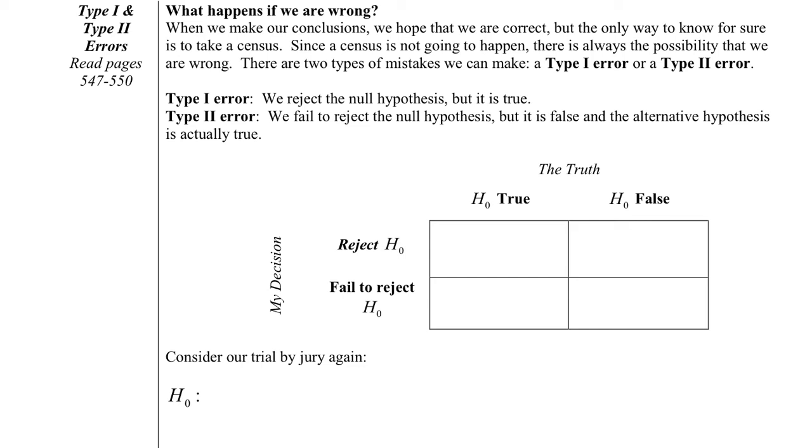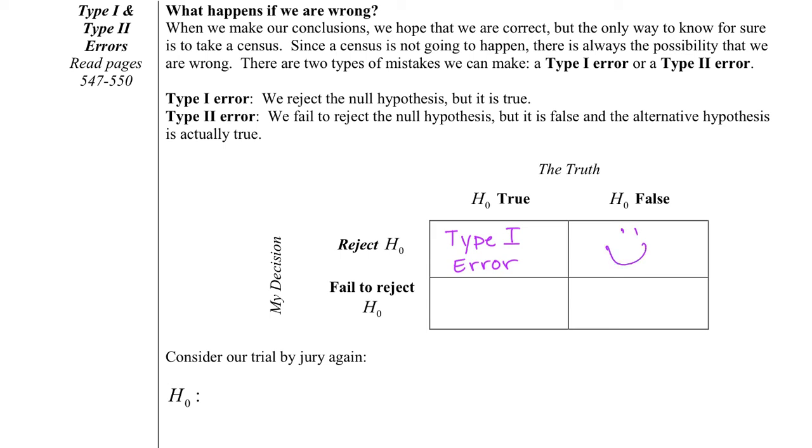So let's just look at a little table that helps us kind of think about what's going on here. So let's say we reject the null hypothesis, but the null hypothesis was true. So that's in this box right here. That's a type 1 error. Now let's say we reject the null hypothesis, and goodness, the null hypothesis was actually false. That's what we want to happen. So this is good.